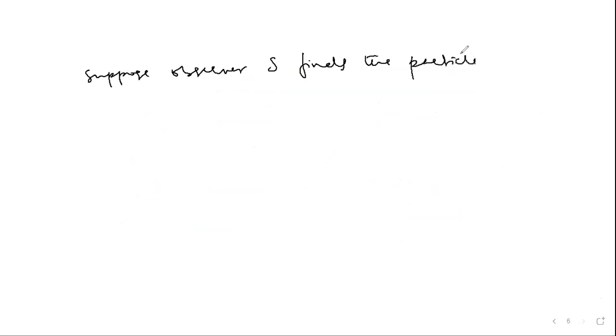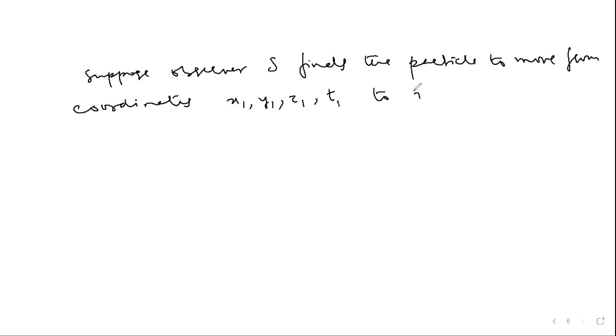Suppose observer S finds the particle to move from coordinates x1, y1, z1, t1 to x2, y2, z2, t2, right?